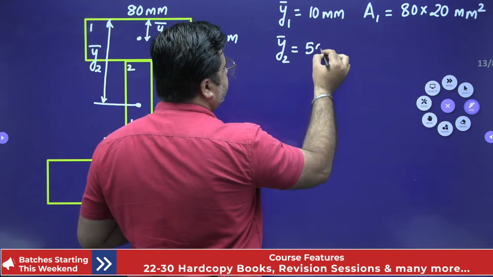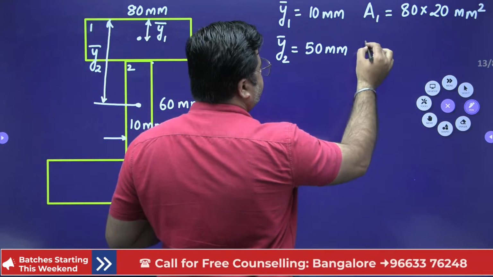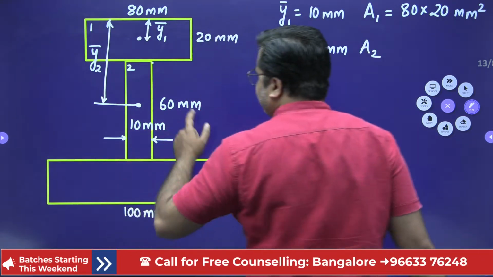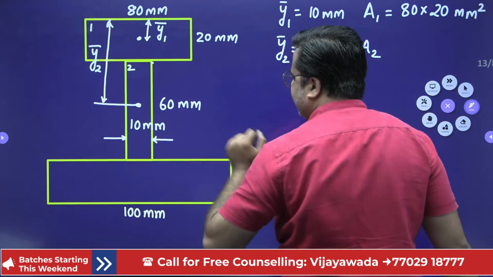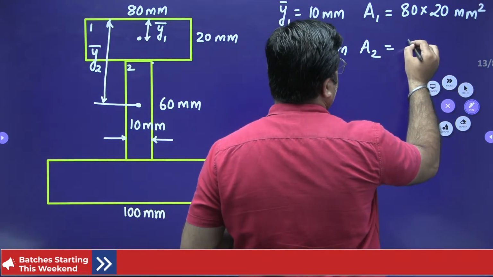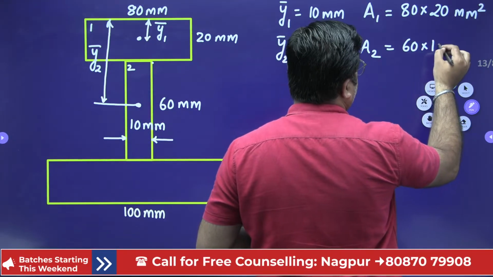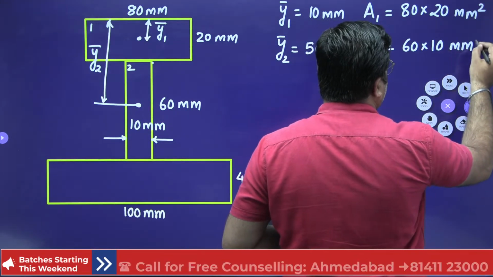Tell me, what is the area for this rectangle? Area for this rectangle is 60 mm into 10 mm. So this is 60 into 10 mm square. So this is my A2.